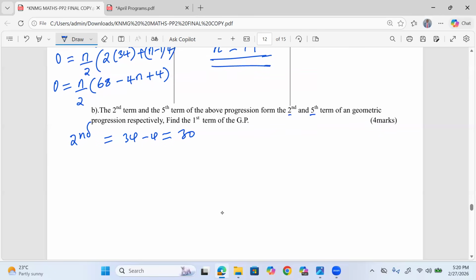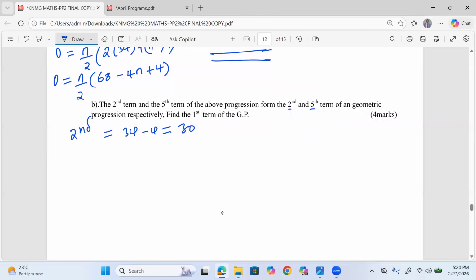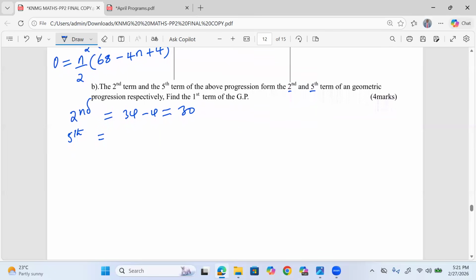So from 34, the next term is the second one, which is 30. Then the fifth. Now the fifth term is going to be equal to the first term plus 5 minus 1 multiplied by negative 4.